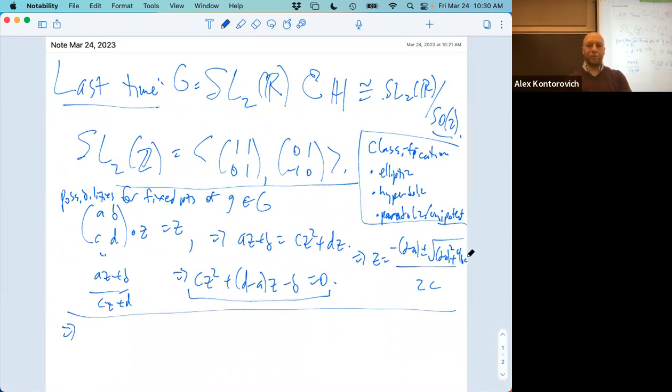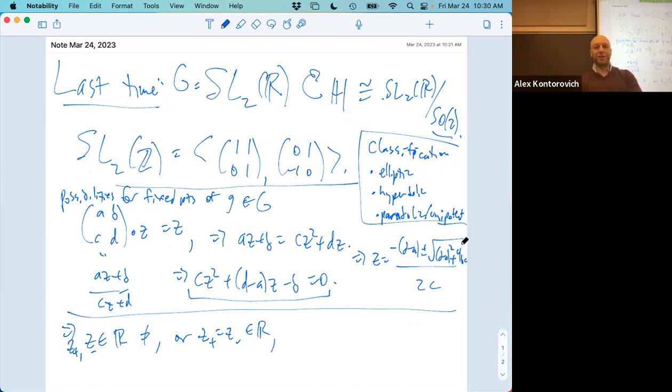What determines whether there are two real fixed points, a single double real fixed point, or a fixed point in the upper and lower half plane is the discriminant. Well, there's a Z plus and a Z minus. Z plus and Z minus are real and different, or Z plus equals Z minus and they're both real.